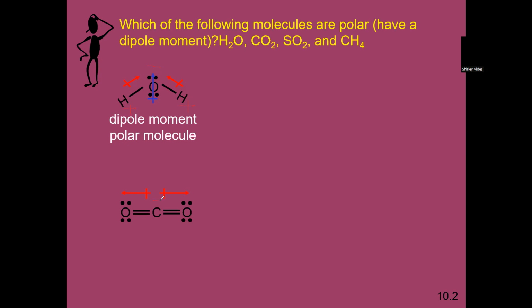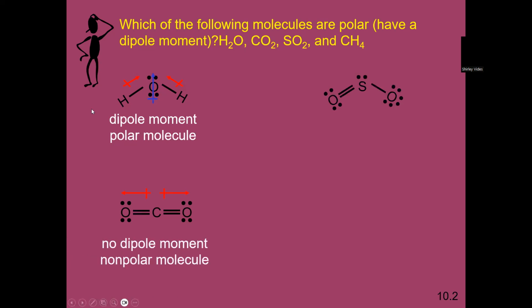In this case, carbon is going to be your positive and the oxygens are going to be the negatives, because that's how it works. But they are pulling in opposite directions, with the same magnitude. Therefore, they add up to 0. And that's why vectors need both magnitude and direction. That makes it a nonpolar molecule.